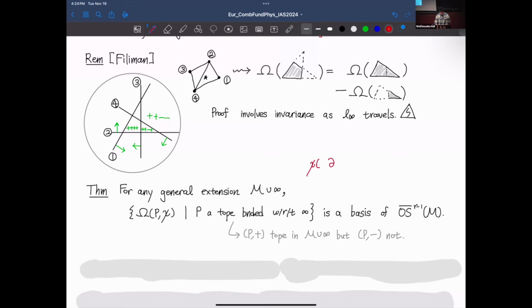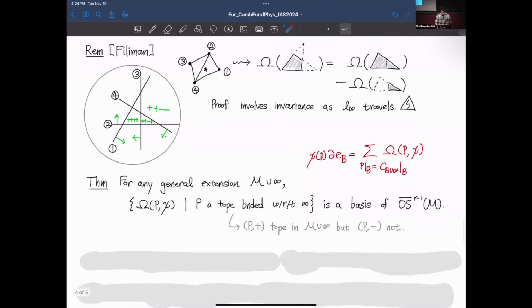You just need some careful sign things with the sign circuits of a given fixed general extension and so forth. But up to careful bookkeeping, you can also show that it's spanning by showing some identities like this. So you can directly show that it's spanning and linearly independent over an arbitrary commutative ring.